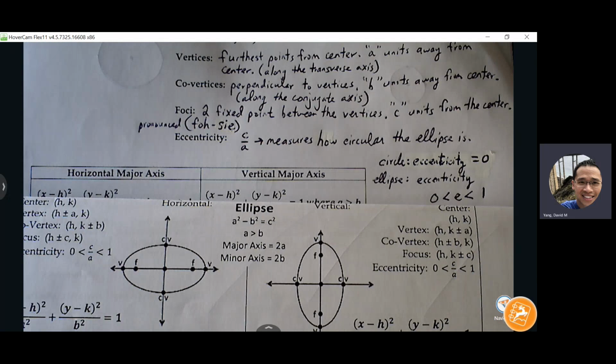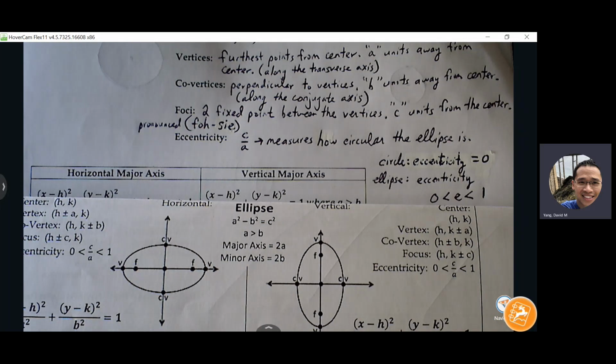And we call that the A value. The A value is the distance from the center to the vertex. And then the co-vertices are perpendicular to the vertices. It's B units away from the center. So if my vertices are along the horizontal, then my co-vertices are along the vertical.